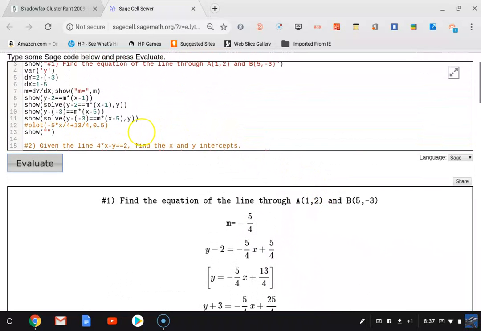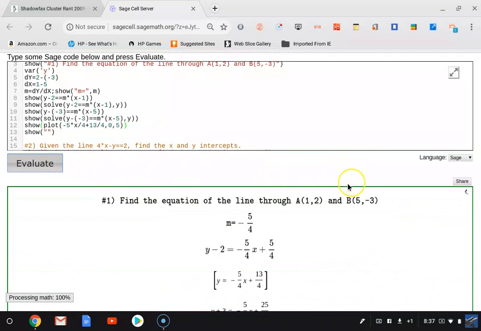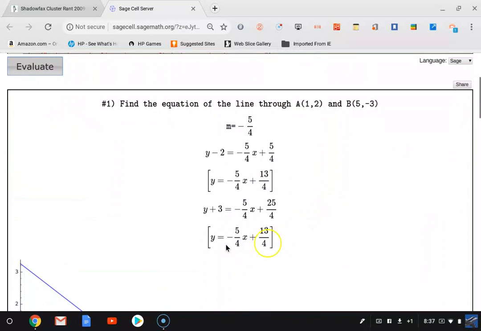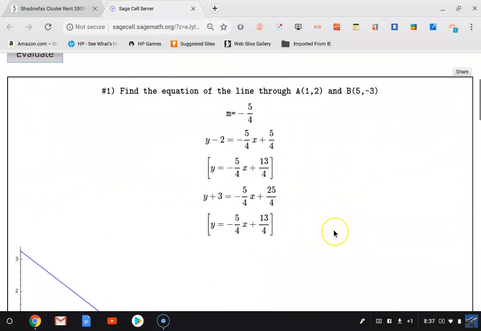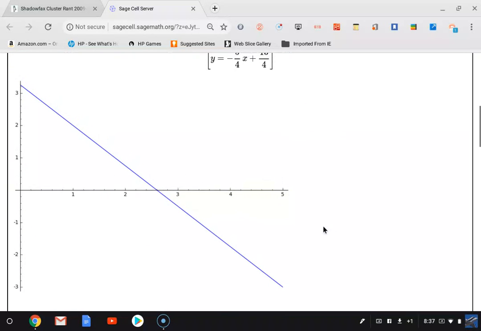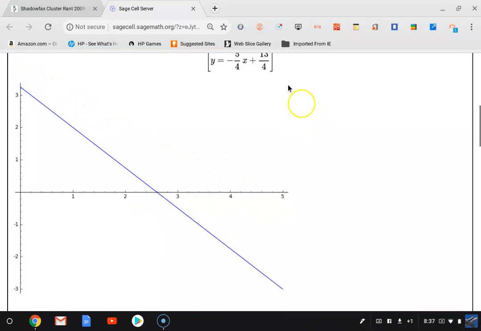And so what does that look like? Well, let's plot it. And notice I have a plot here, but I have to write the show, or it won't actually show up. So there's a -5/4 slope, and notice I went from 0 to 5, so I can see the x-intercept and the y-intercept.